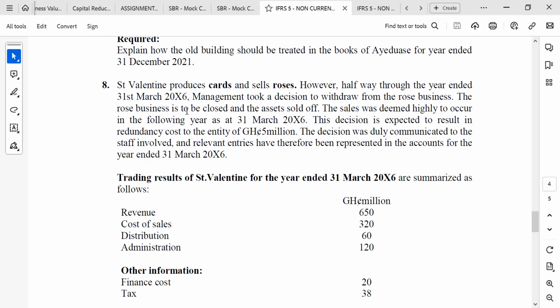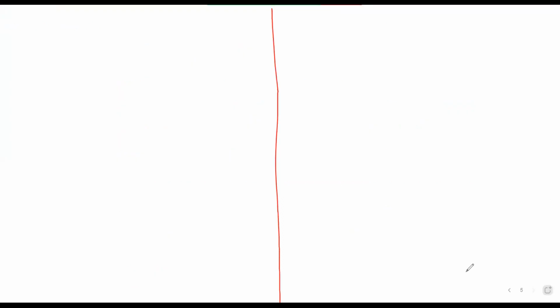But this revenue over here is for the full year, isn't it? The revenue is for the full year. So what do we do? We find 6 months, then we find 1/3 of that, because they say 1/3 of the trading results relate to the roses business. This is a full year, but they have only operated for 6 months. So we find 6 months of this, and we find 1/3 of the answer. So we are going to show the profit or loss for the 2 operations: the discontinued operation and the continued operation.